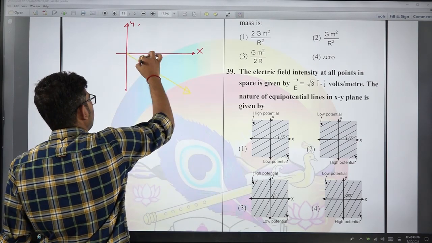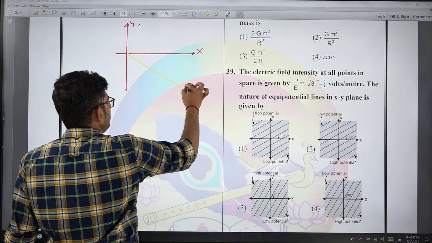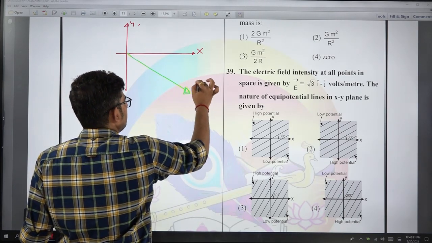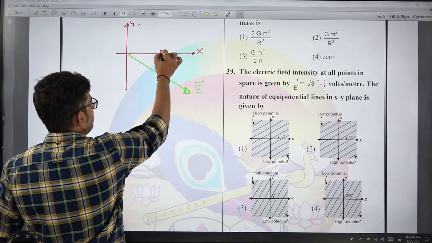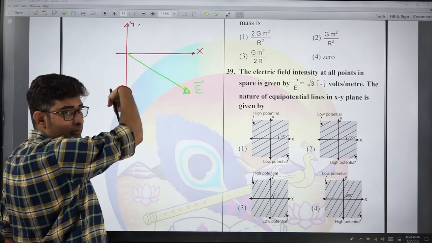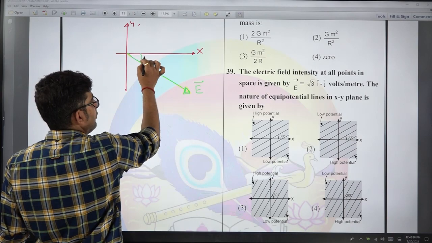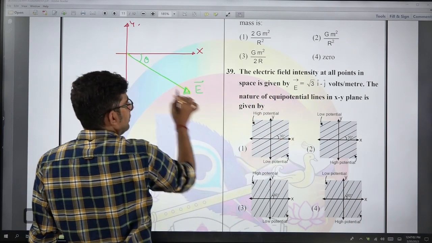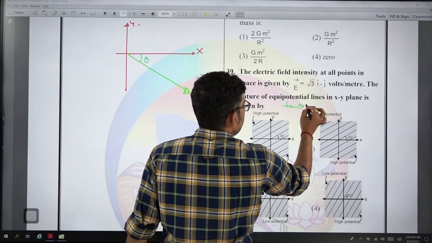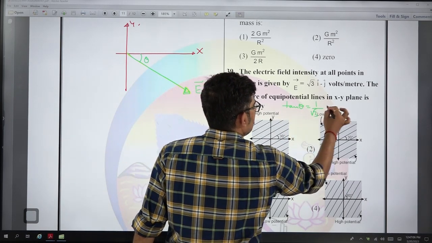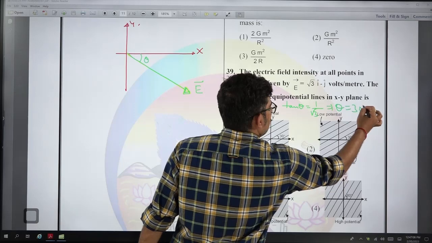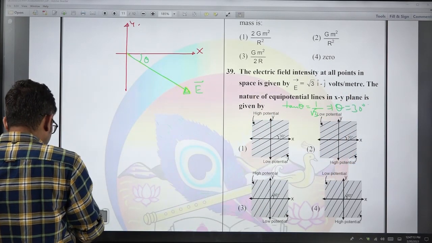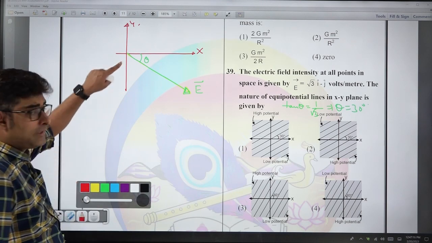So if this denotes E vector, x positive, y negative, this side you have √3, this side you have 1. So this angle will become how much? If it makes theta angle, tan theta is y component by x component, so theta is how much? 30 degree.